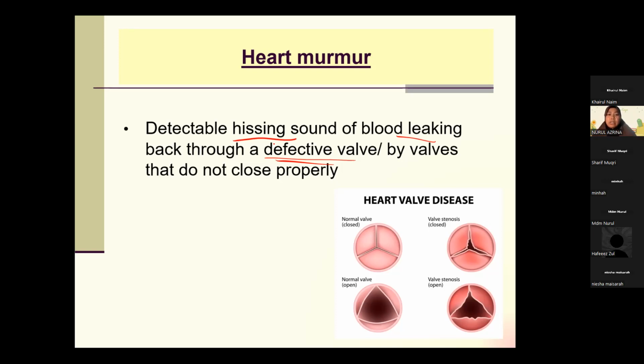So this will cause the hissing sound or the whooshing sound, a notable different sound that can be heard, all right, to indicate that there is leaking of blood back due to the defective valve. Okay, right. So you can see that this is just one example, a valve that is not closed properly. Okay, right.